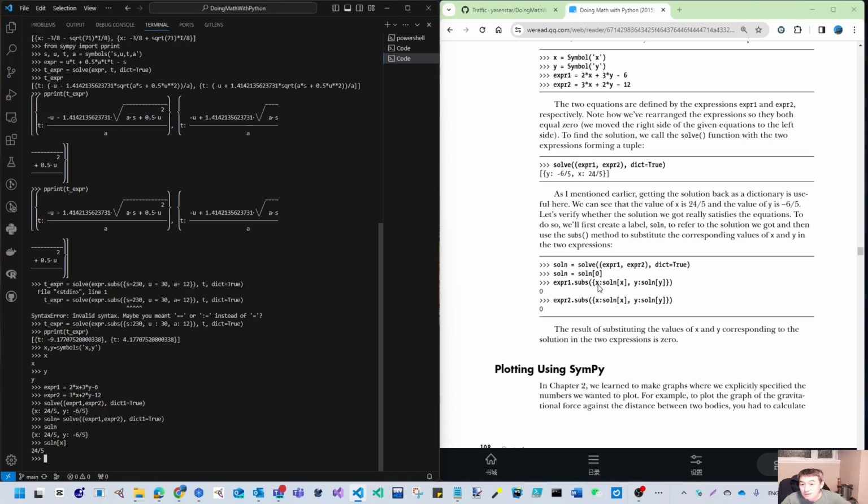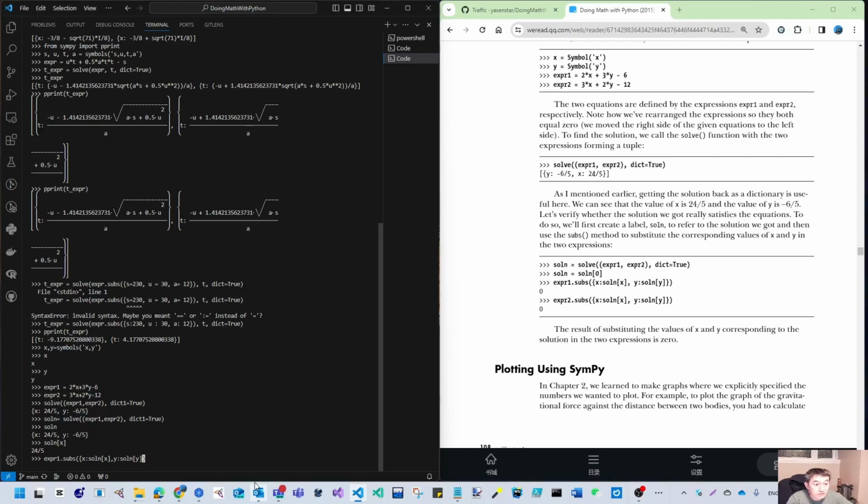But what we have last here is, once you have your solutions, you can put the solution back into those two equations to validate or check whether these are the real results. So since solution x is the x and solution y is the y, we can use express 1 dot subs, and we bring this dictionary: x is the solution x, and y is the solution y.